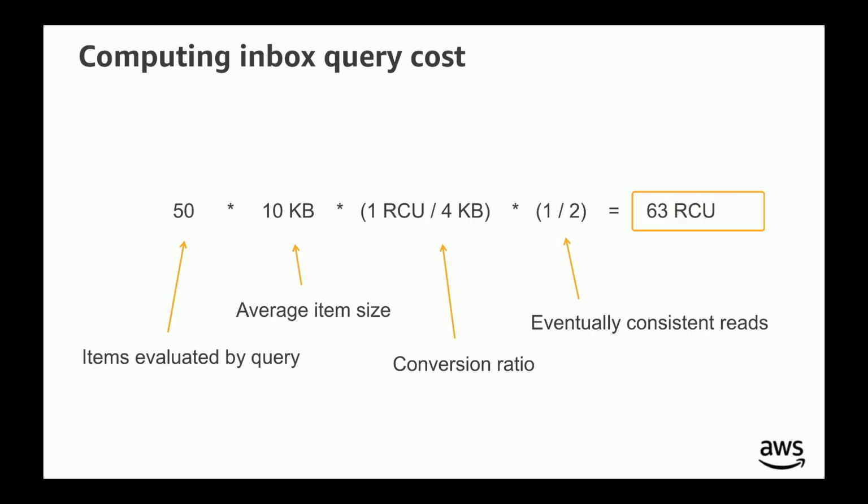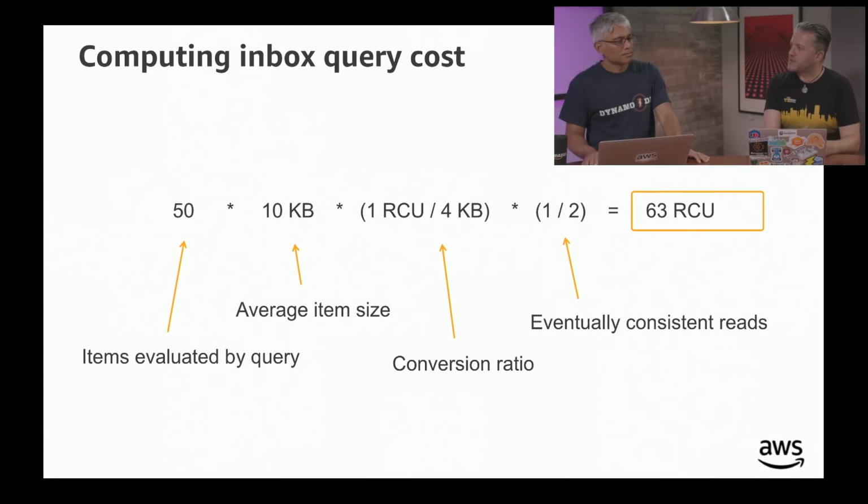We're trying to calculate the cost in read capacity units, and the size of a read capacity unit is 4 kilobytes. We're perfectly fine with eventually consistent reads, and we still come up with 63 read capacity units every time.